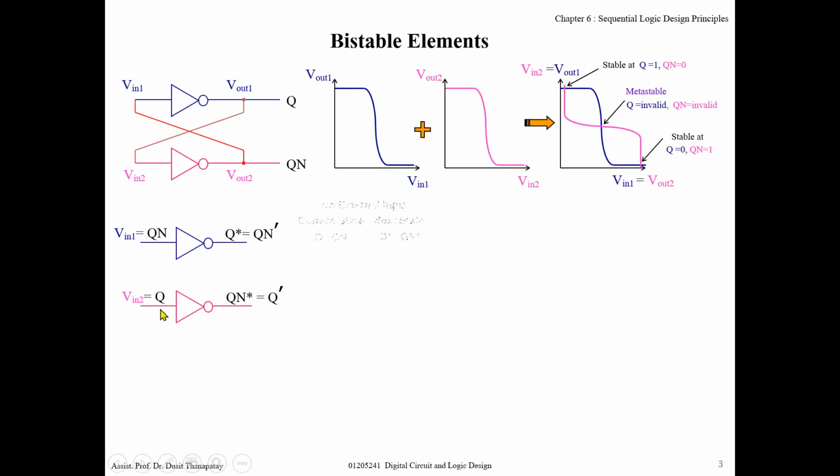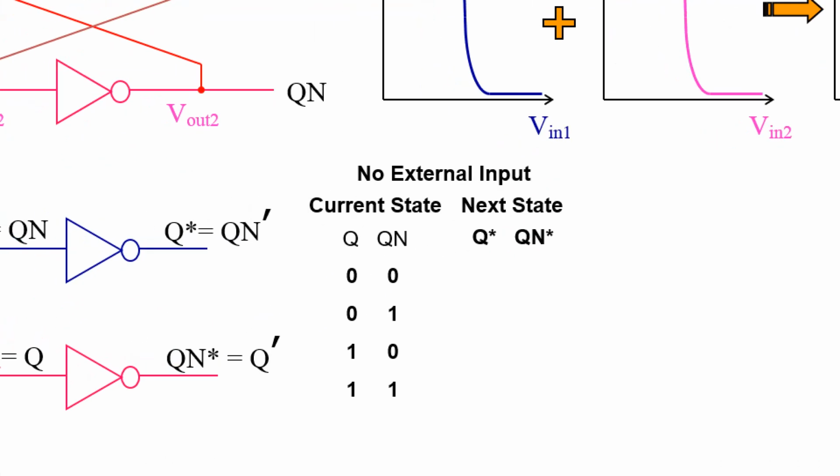So I write all possible values of Q. The current state may be 0, 0, 0, 1, 1, 0, and 1, 1. Now, how about the next state, or the next value of Q, based on this?